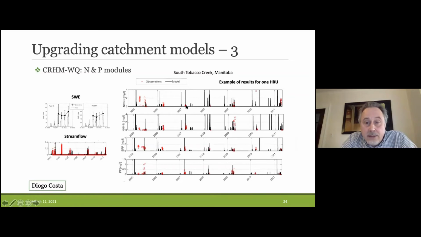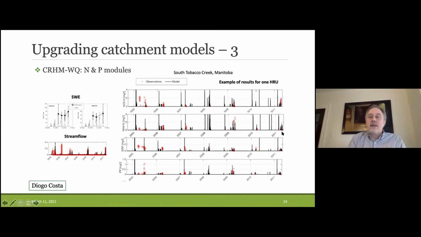So you have these events, and in some cases there are still some issues, maybe with this first event for nitrate and SRP. But what I find interesting is that the model captures events where you have high nitrate and high ammonia, but also events where you have high ammonia and very little nitrate, and then events like this one where you have high nitrate and low ammonia.